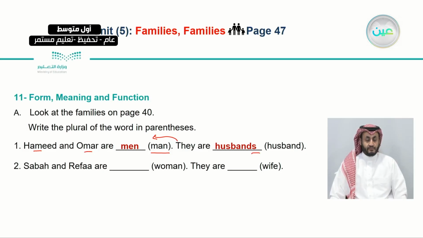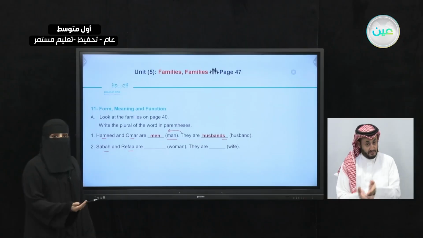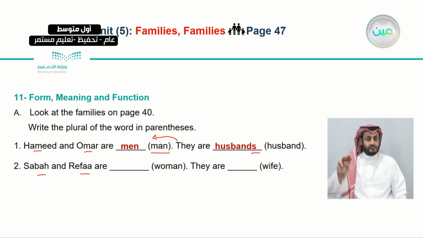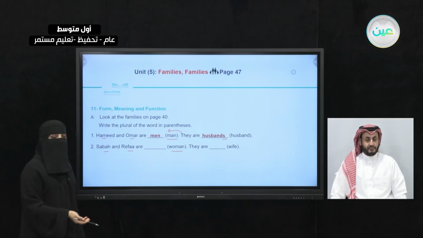Number 2. Sabah and Rifa, two people, are women. Women, is it regular or irregular? Good job. Irregular noun. Woman means only one lady. If I want to talk about two ladies or more, women.